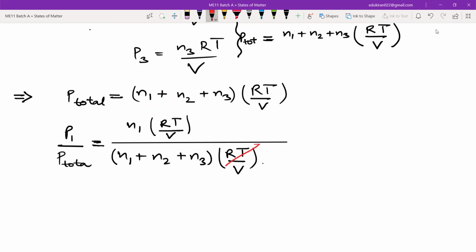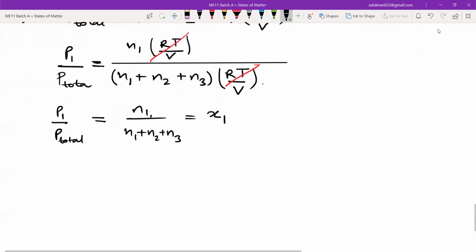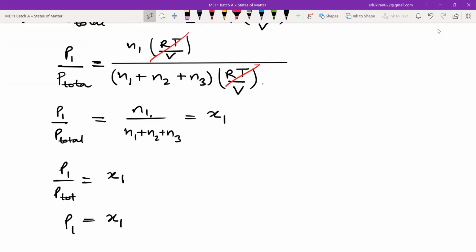Now I can cancel RT upon V. So we'll get the mole fraction. If you guys cannot see this, let me write it first: N1 upon N1 plus N2 plus N3, which will be equal to chi1. So P1 upon P total is equal to chi1, and hence P1 will be equal to chi1, the mole fraction, into the total pressure.